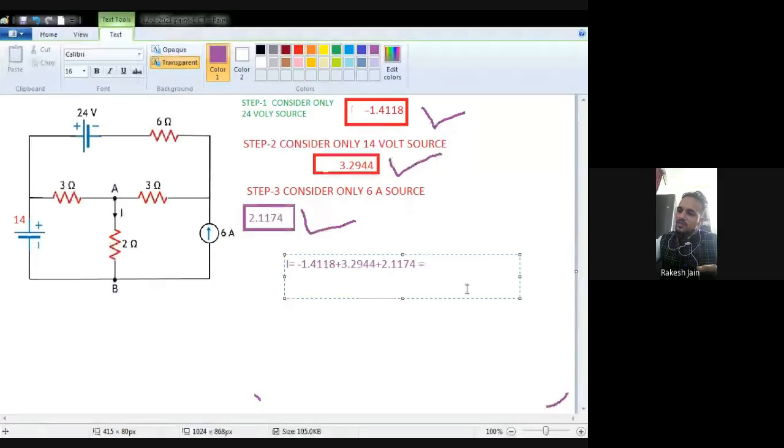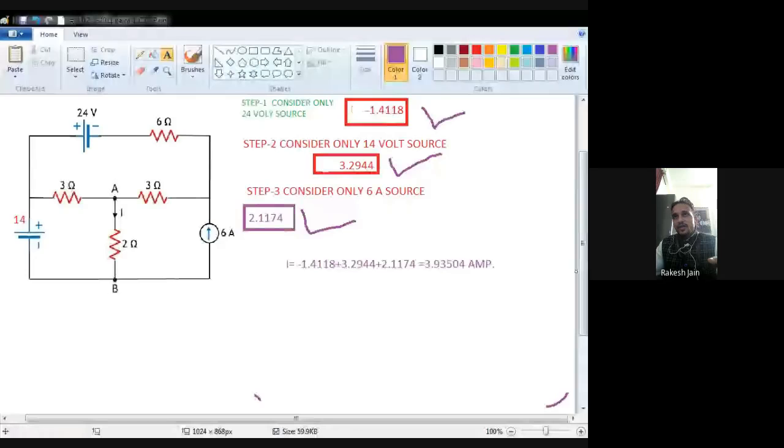Okay, so with the help of this we will find I3. And what is I3? I3 is minus 126 divided by 51, and it becomes minus 2.47055. So I consider minus 2.471.